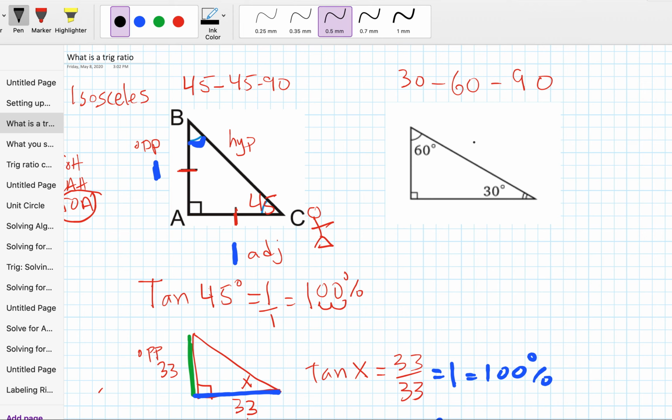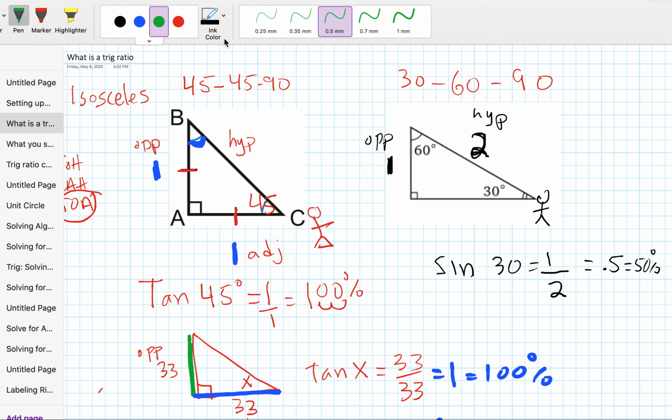A similar thing would be for a 30, 60, 90 triangle. We had learned that this side is 1 and that the hypotenuse is always double the small side. So this is the opposite side if I'm standing at the 30-degree angle as a reference. And I'm going to use sine, opposite and hypotenuse, the O and the H. Sine of 30 degrees is, for every one of the opposites, the hypotenuse must be 2, or 50%.